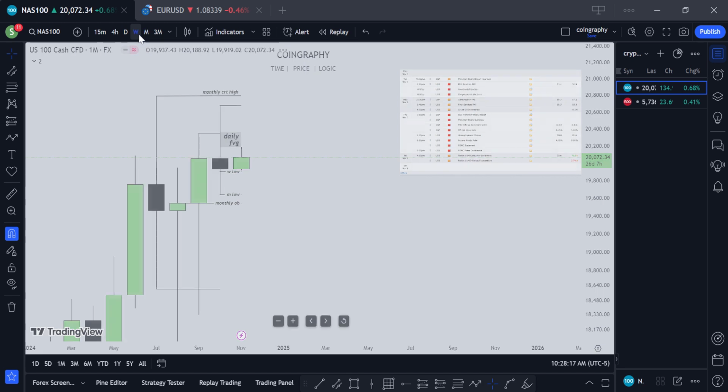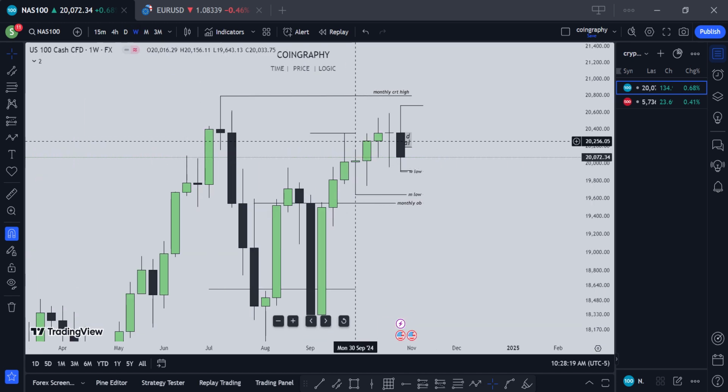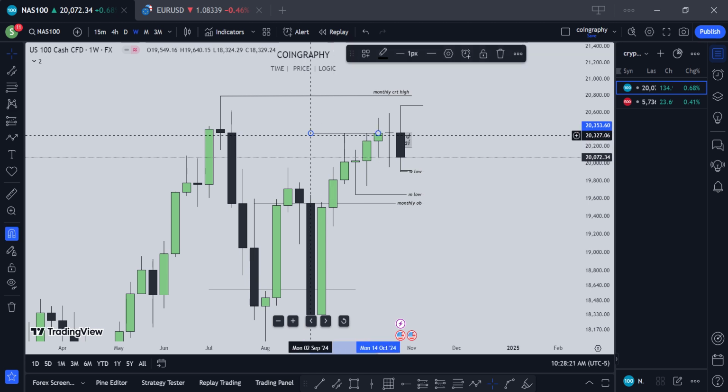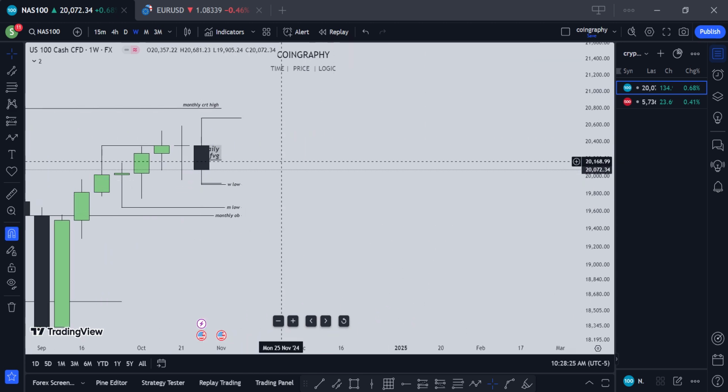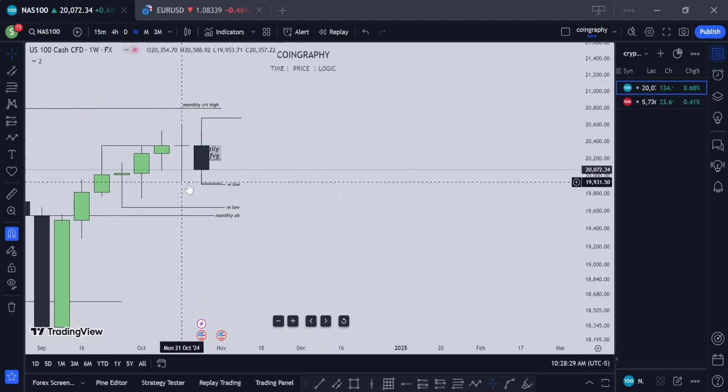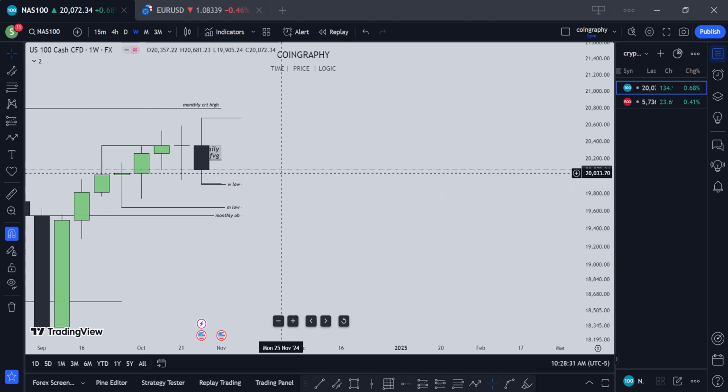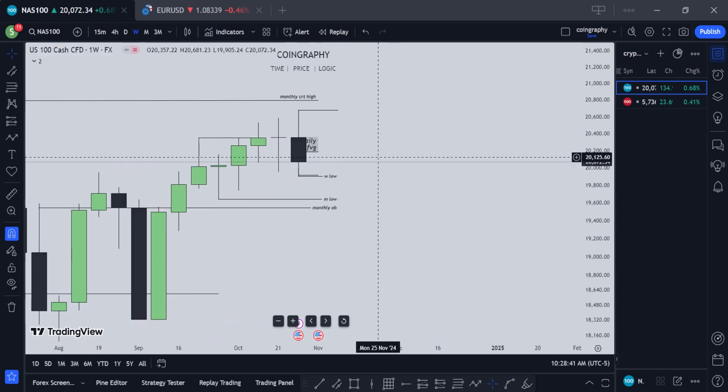On the weekly time frame, this is the month high, and we have this CRT. Last week was very, very bad price action. I lost 3 trades last week, so it was very rough for me. But this week will be good, inshallah.